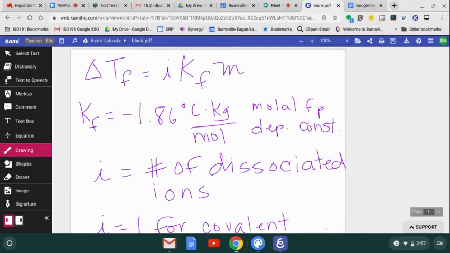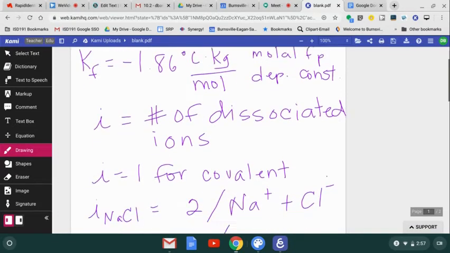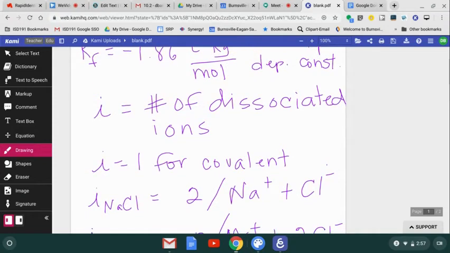With a covalent compound, when something like sugar, for example, is dissolved in water, it doesn't ionize into the individual atoms. It just breaks down into individual sugar molecules. So for each mole of sugar, you get 1 mole of sugar molecules that will interfere with the process.